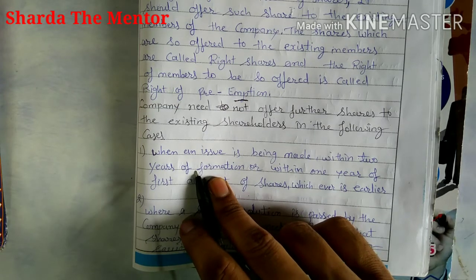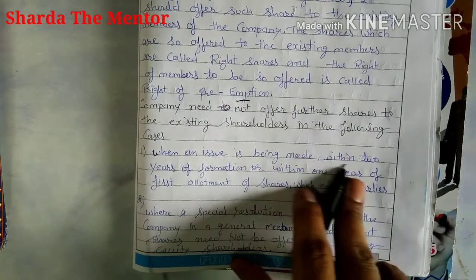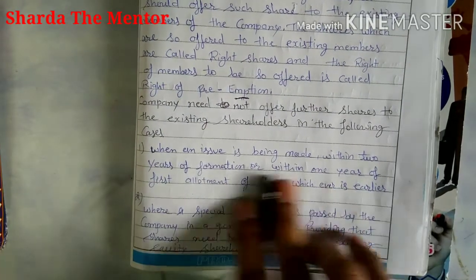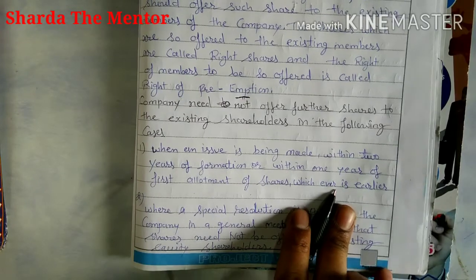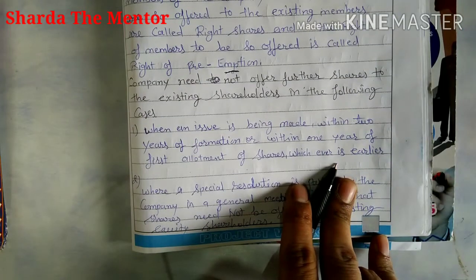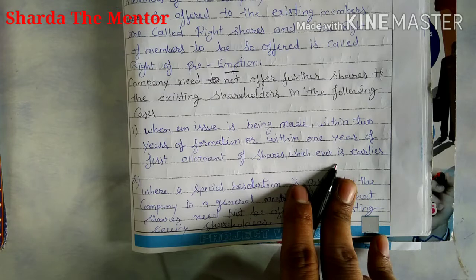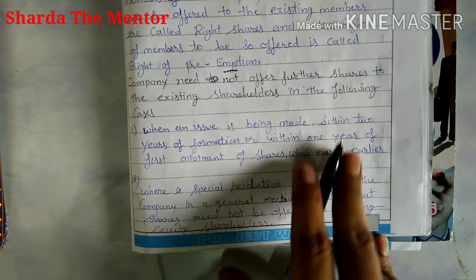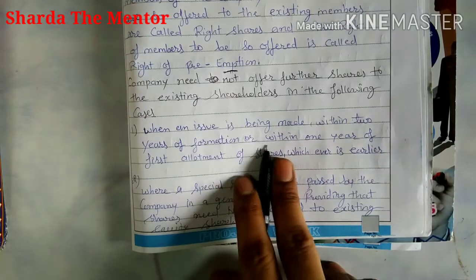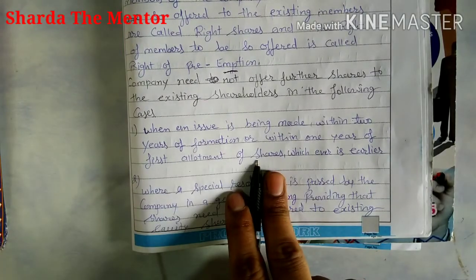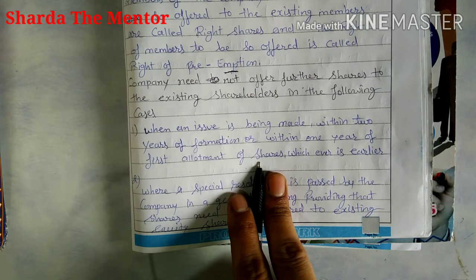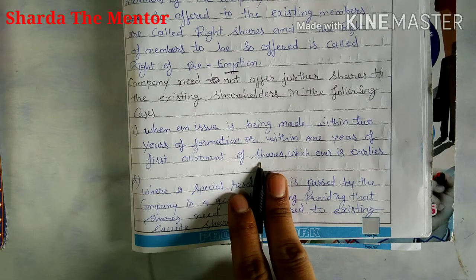So in the first condition, it is mentioned that when the issue is being made within 2 years of formation or within 1 year of the first allotment of shares, whichever is earlier. Like after formation, the company first issues equity shares. If the company has issued its first allotment of shares, then it is not necessary within 1 year that the company has to allot shares to the existing shareholders.